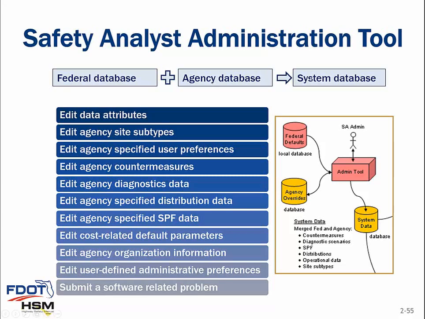Finally, the system database contains the merged federal and agency data and is the source of that information for the Safety Analyst Analytical tool. Within the administration tool, we can edit several data, including the data attributes, agency site subtypes, agency countermeasures, diagnostics data, agency specified SPF data, and cost related default parameters.